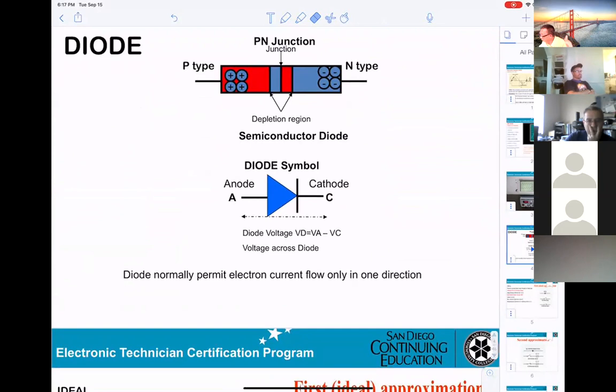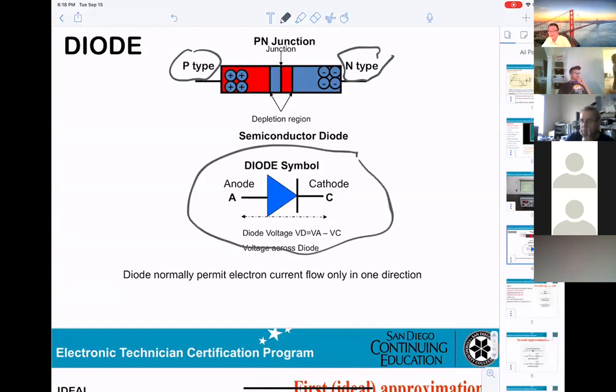And that's why they call it P-type, which contains positive, and N-type, which contains negative. And between them they call it the P-N junction. That means you have P-type and N-type. That is the physical structure of the diode. Okay, we do not do much about the physical.